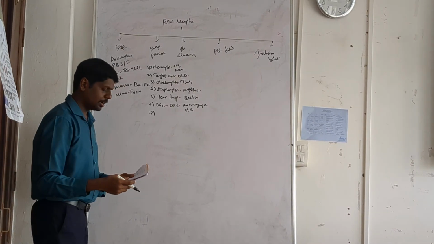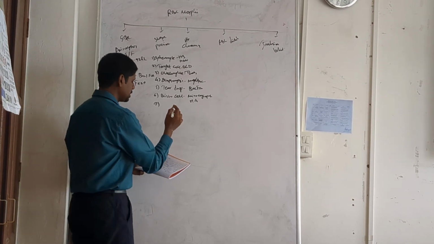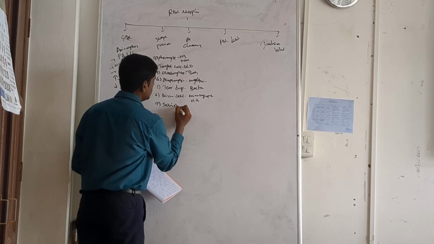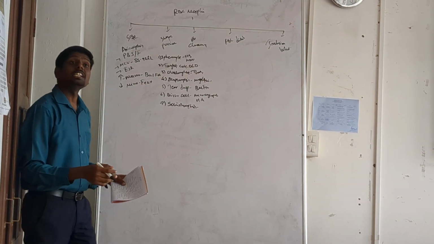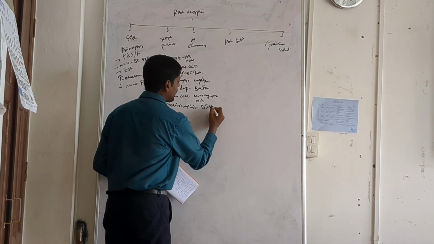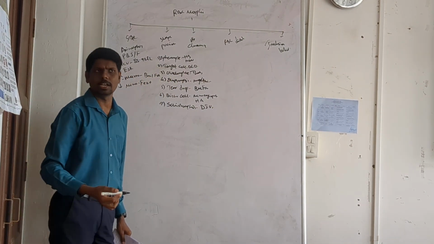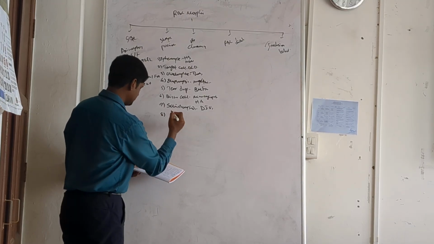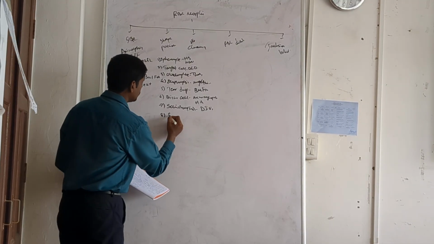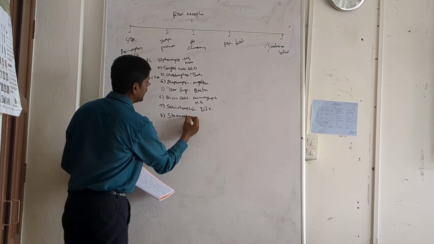Okay. Next one, we wrote about schistocytosis. In what condition will we get schistocytosis? Disseminated intravascular coagulation and again microangiopathic conditions, right? Then what else did we discuss? We discussed stomatocytosis. Stomato means mouth, okay?